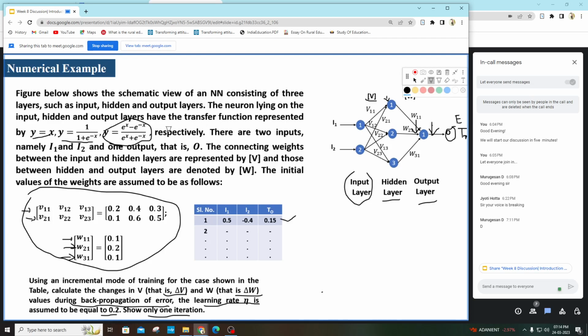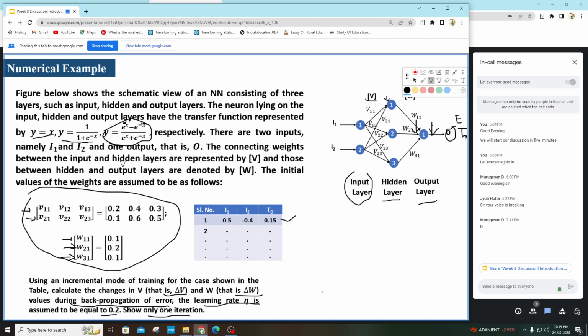This is the transformation function, but here alpha can also be there: e to the power alpha x, e to the power minus alpha x. So these are the extra parameters. Some constant would be there in the transformation function. When we are combining other technologies with this neural network, we also try to update the constant that is associated with the transformation function, etc.